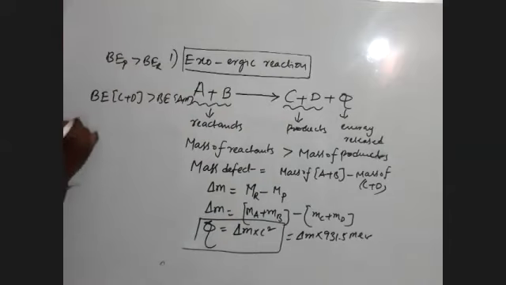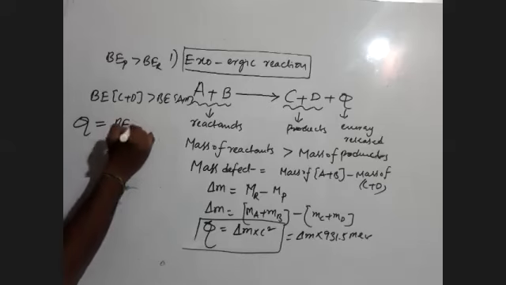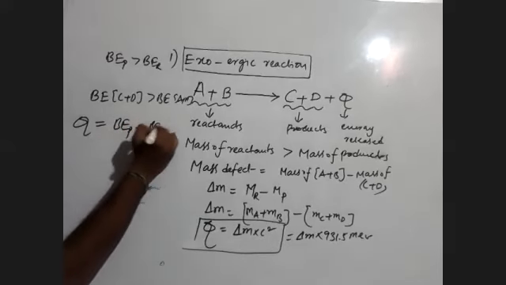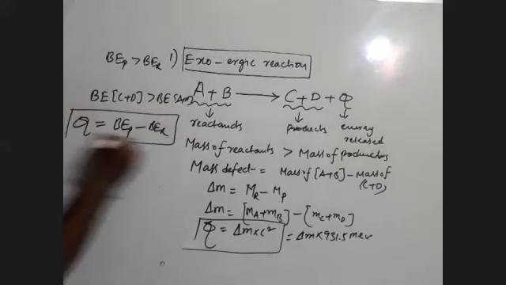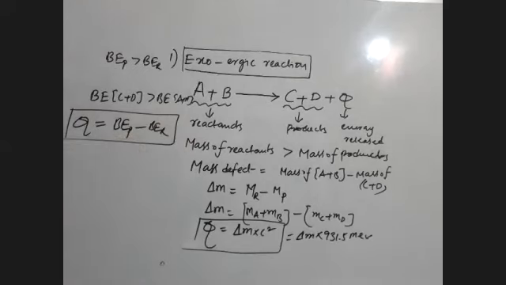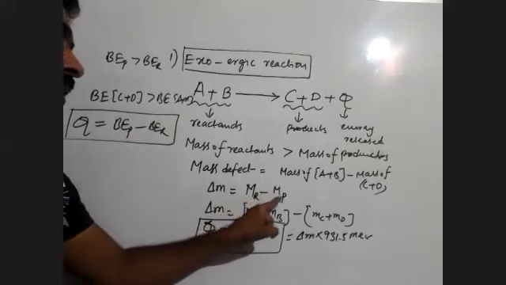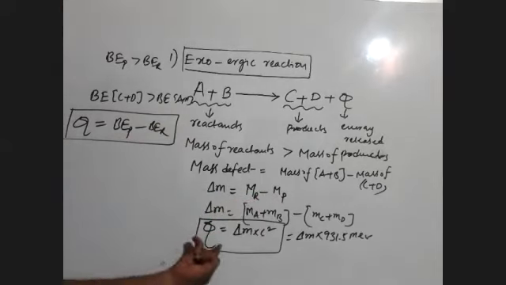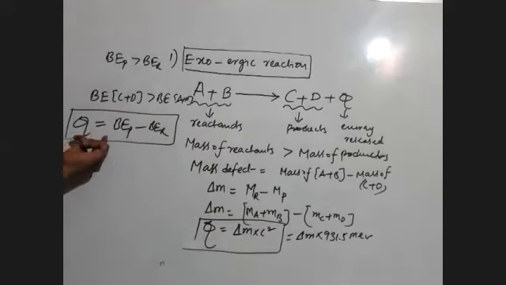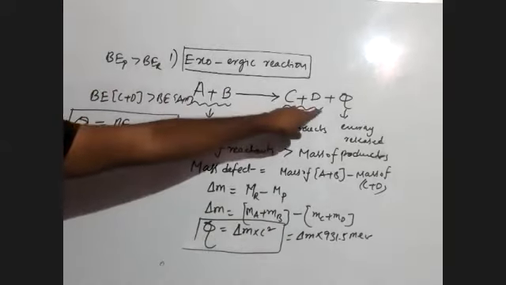So total binding energy, I can write, is binding energy of products minus binding energy of reactants. So in an exoergic reaction, what is the thing you need to observe? Mass defect delta M is equal to the mass of reactants minus the mass of products. In this way you can find the energy released. And the other way, you can also write the energy released: products' binding energy is more than reactants' binding energy.